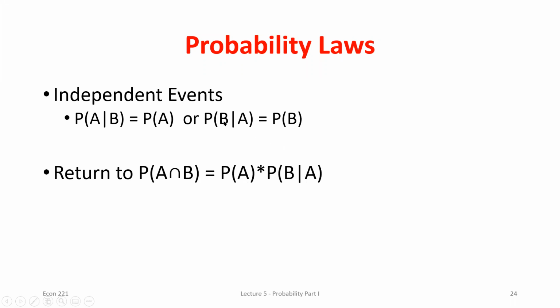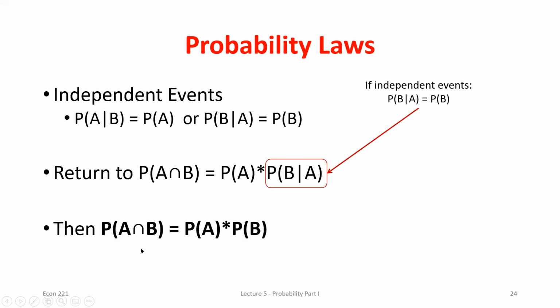If they're independent, that conditional probability should just be equal to the unconditional, just the probability of B, which gives us this simplified formula. So if we have two events that are independent, finding the intersection is a little bit easier in that we can just take the probability of each event and multiply them by each other. I'll talk through this a little bit more in a second with some examples.